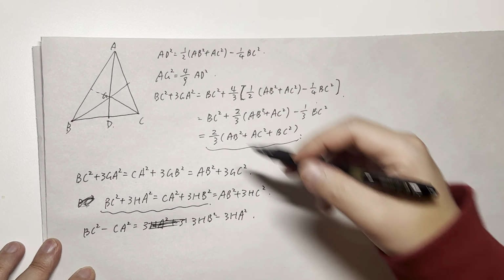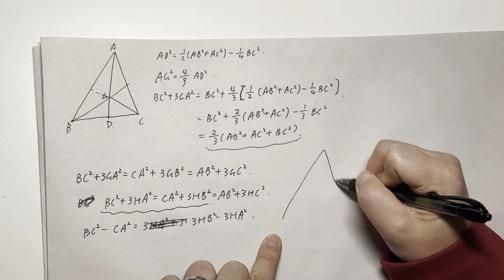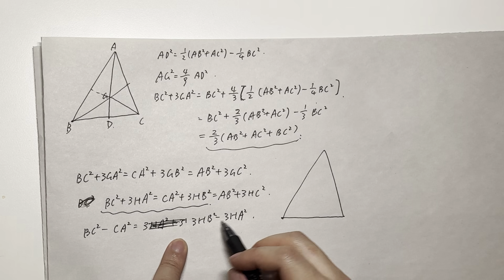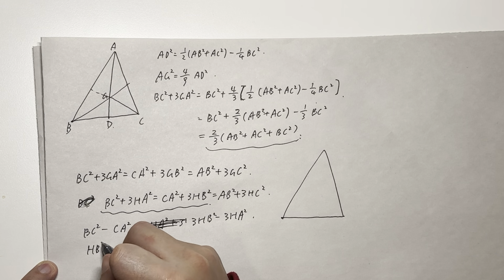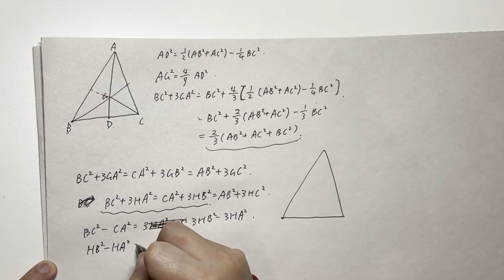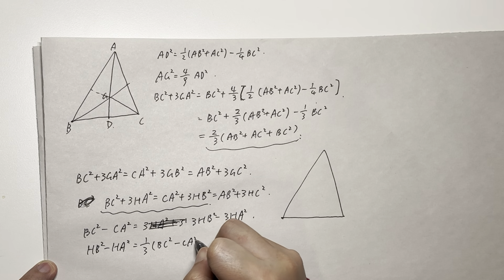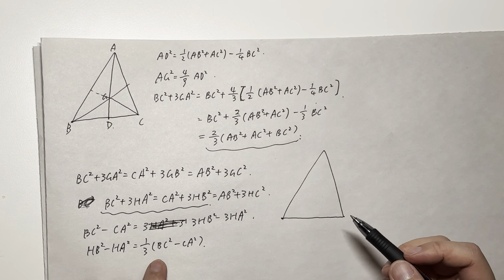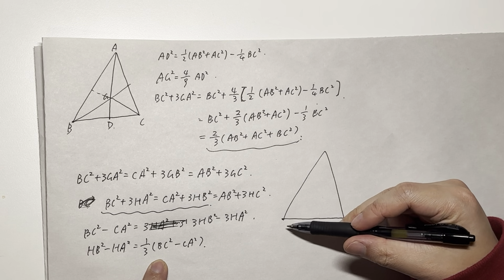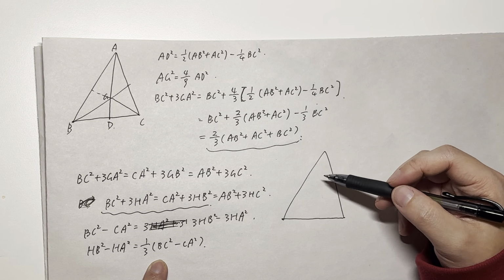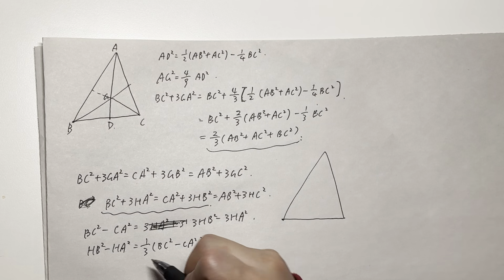And in a triangle, we know that HB squared minus HA squared equals 1/3 of BC squared minus CA squared. So BC squared minus CA squared is a constant, and 1/3 of it is still a constant.